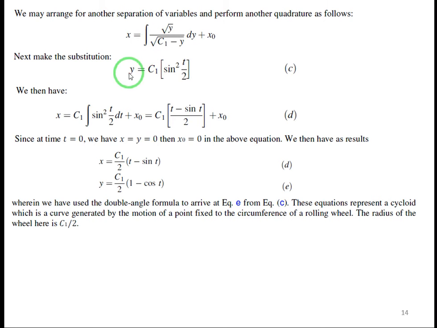If we say y is equal to C1 sine squared of t over 2, and replace them in the following equations, we reach these equations, and by integrating them we have x and y as functions of t, where t is the curve parameter.